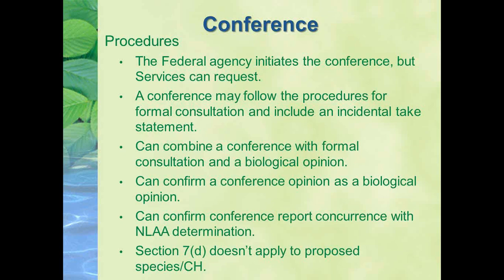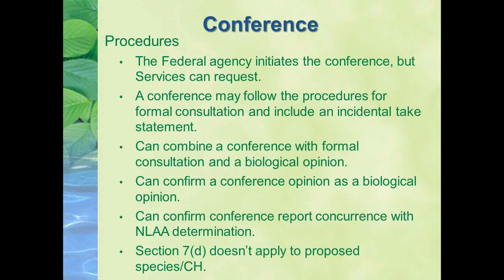We can also do the same for informal consultations for proposed species. If you say, we want to follow the procedures for regular listed species, can you give us a conference concurrence that we can then, when the species is listed, adopt?